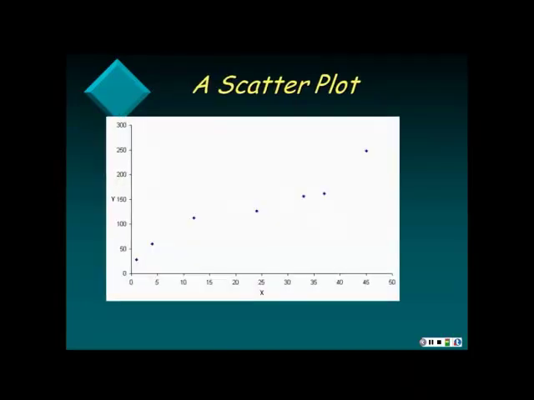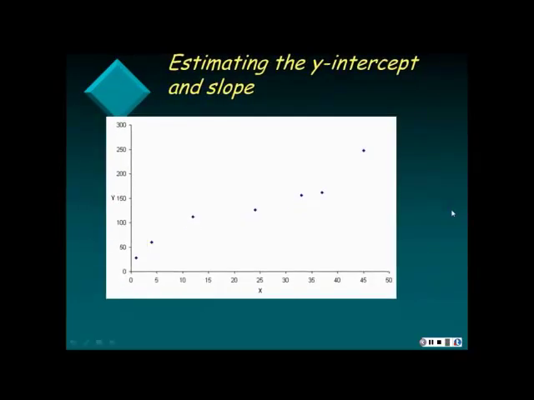Now I'm going to draw a scatter plot of that. That's just plotting the x's and the y's. You know, in algebra, every point would have been exactly on the line, but here they are not. So I'm going to estimate the intercept and the slope.